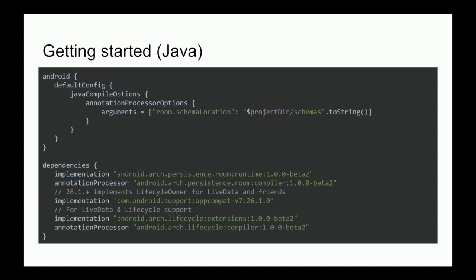There's one other thing that you need to configure for Room, which is the place where Room needs to export its schemas. So when you define your object model for Room, Room also has the ability to export the schema of that. And actually, this is turned on by default. So if you don't specify this option to the annotation processor, then at compile time you get an error that Room doesn't know where to export these things.